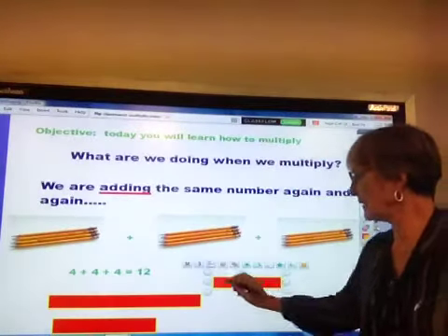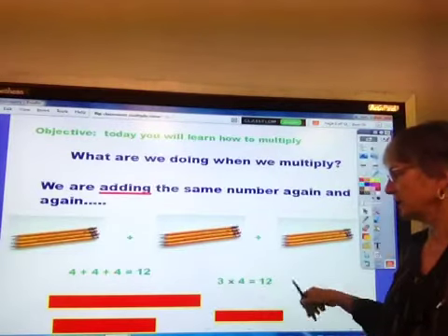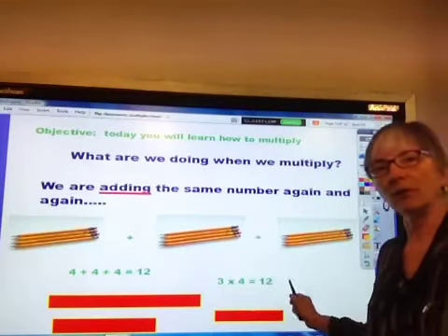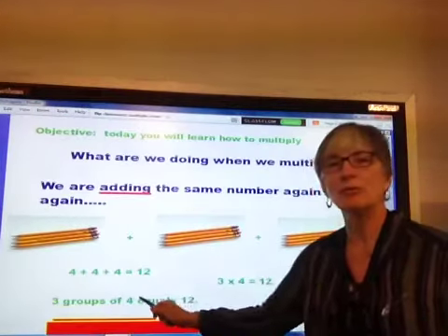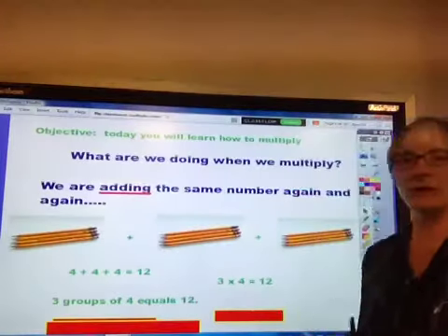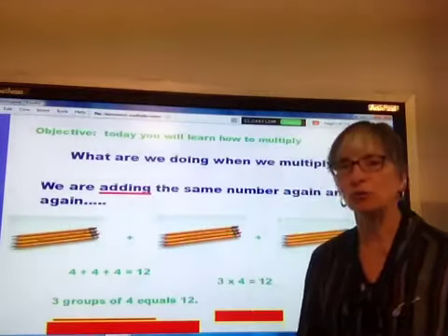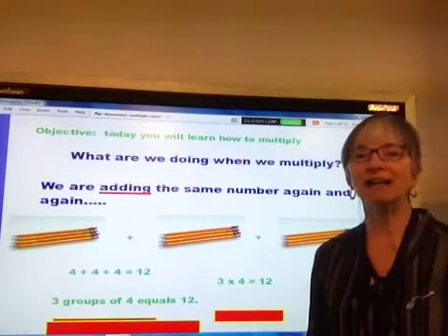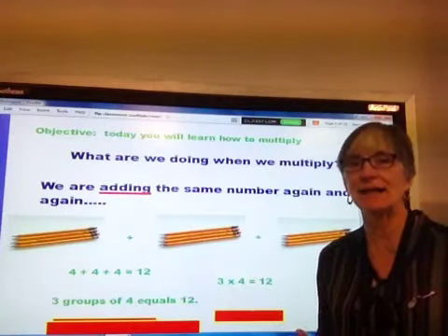So we can put it like this and say 3 times 4 equals 12. 3 groups of 4 equals 12. That's multiplication. Remember the word, multiplication.